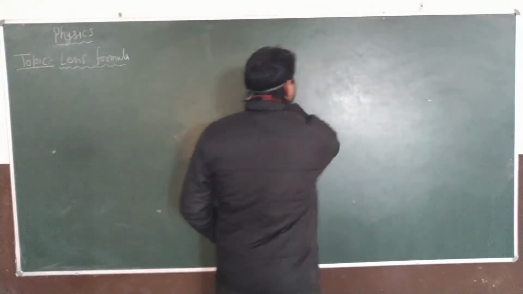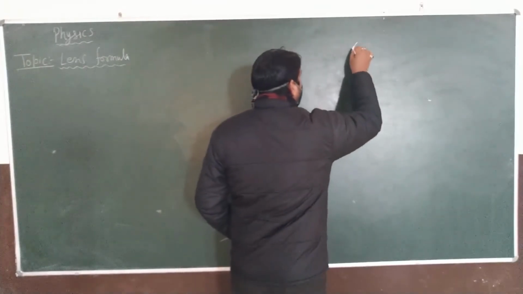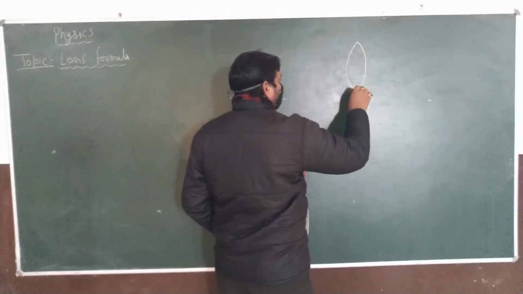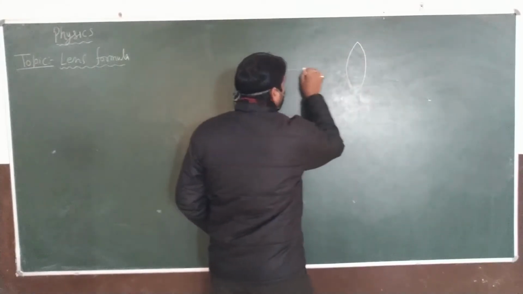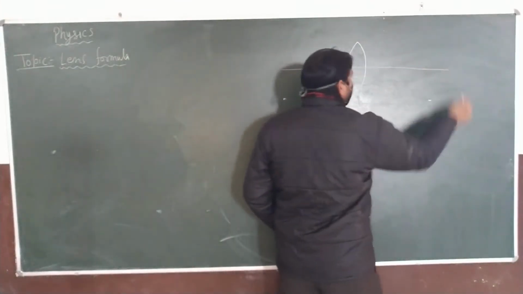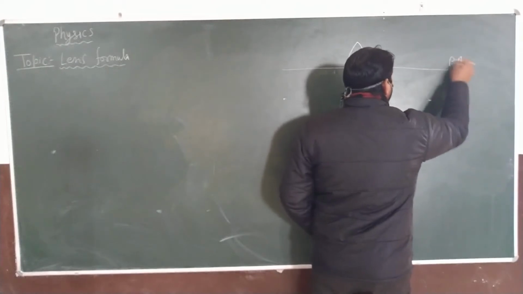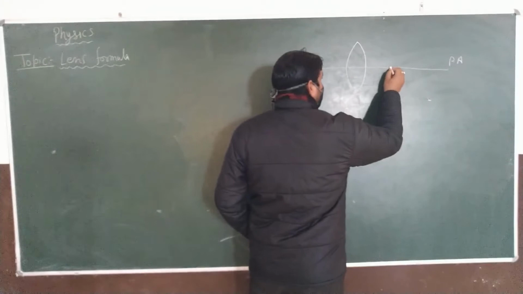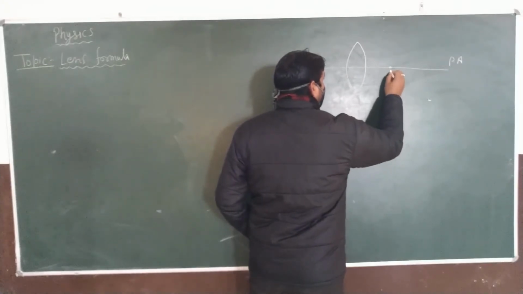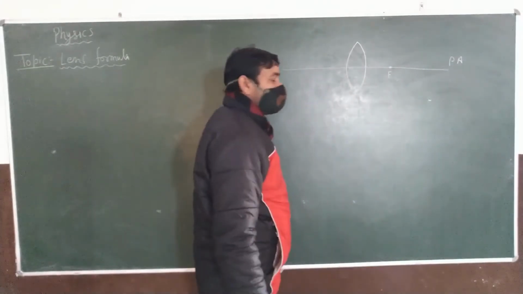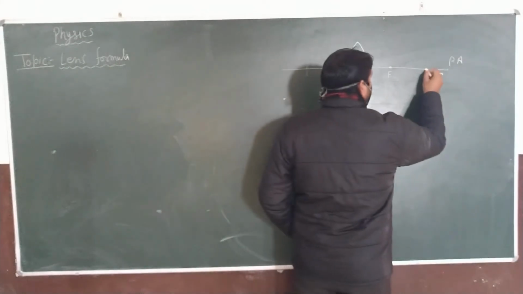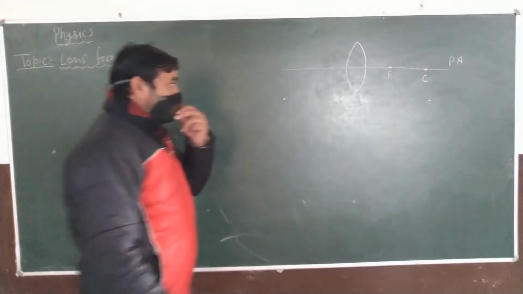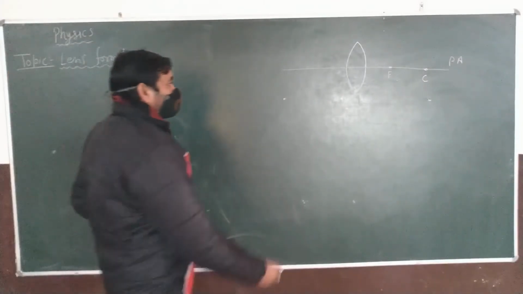Let's say we have a convex lens. This is the principal axis, this is the focus point, and this is the center of curvature.